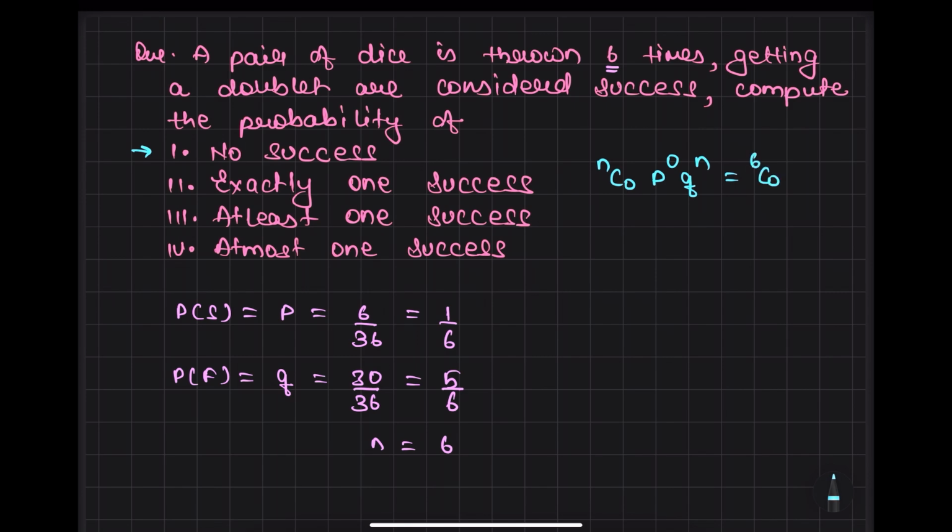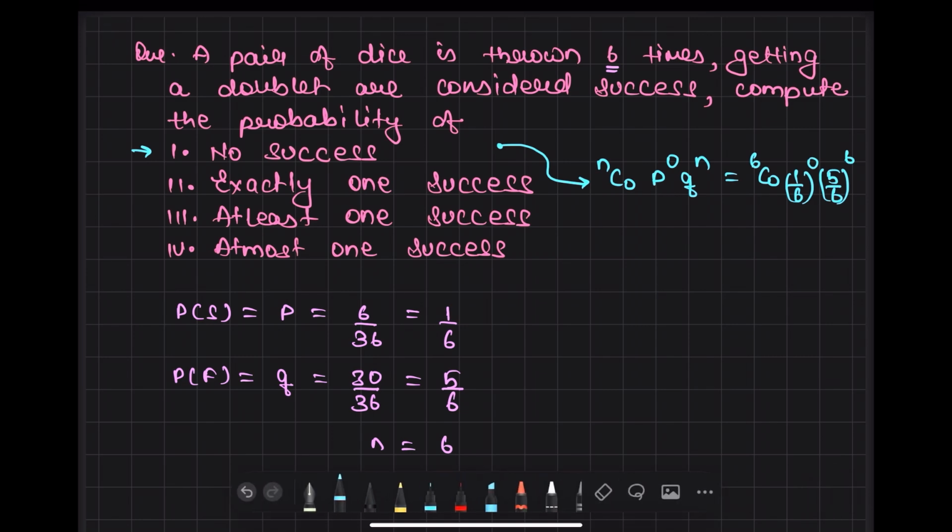So it is 6C0, p will have power 0, so it is 1 by 6 to the power 0, and then q is what? 5 by 6, and it will have power 6. So this is the answer to the first question.